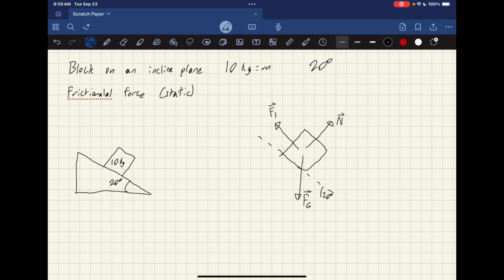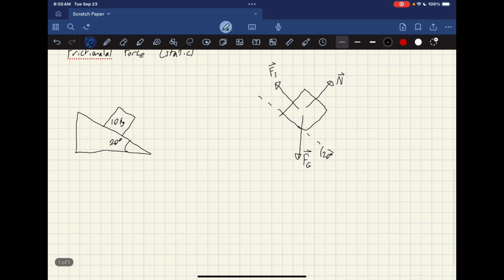We can use that to calculate how much of gravity pulls in the horizontal direction. In the case of problems like this, I like to tilt my reference frame. So I'll say that this is the normal force. This is the force of static friction. And then gravity is doing something like this instead.